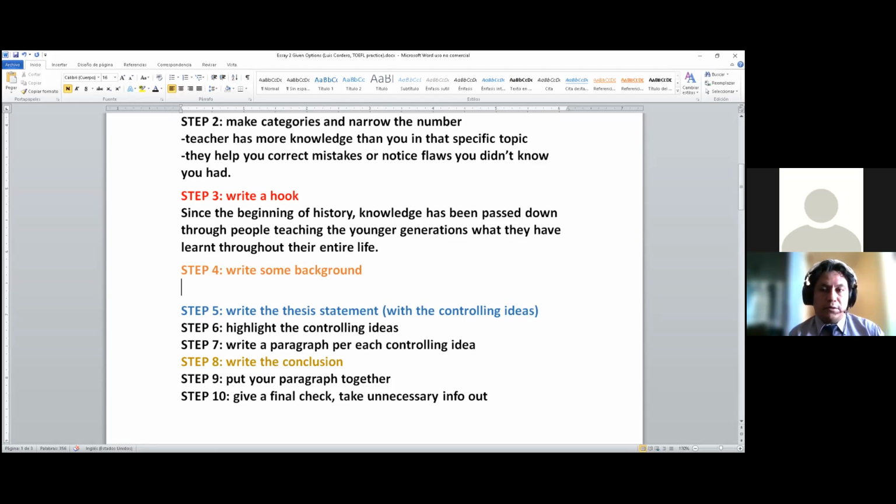You can mention there also examples, because you're talking about how through history, younger generations have learned from the previous generation. Probably you can include an example of who has been a teacher or somebody. That can be also another way.